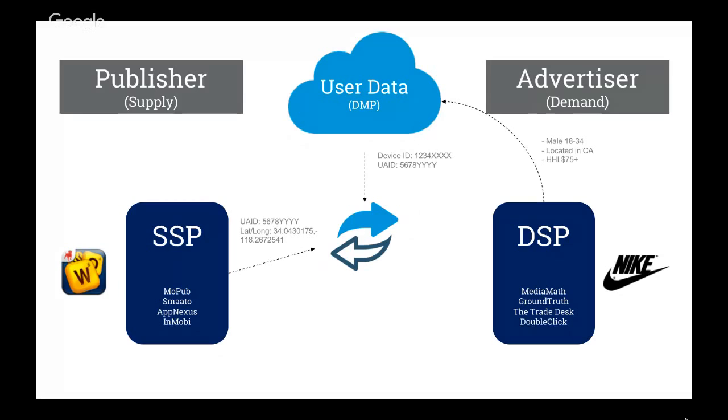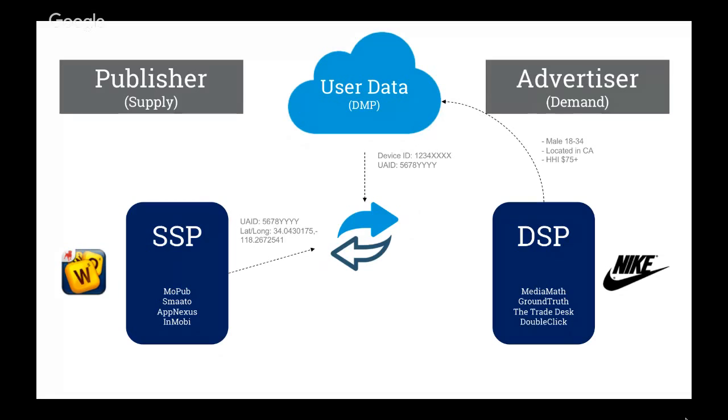So in this situation, the SSP will say, hey, I have new inventory available on this publisher, and here is a UAID and the lat long. If you look up the lat long in this situation, you'll see it is in California.